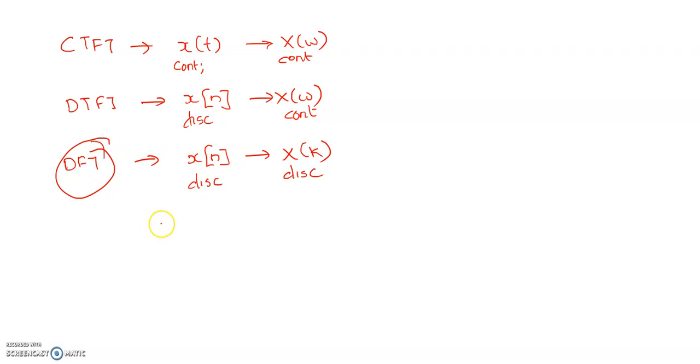But in the meanwhile, CTFT is something that you are already familiar with from your signals and systems. So you would remember the formula of this sort: x of omega is equal to the integral from minus infinity to infinity of x of t e raised to minus j omega t dt.